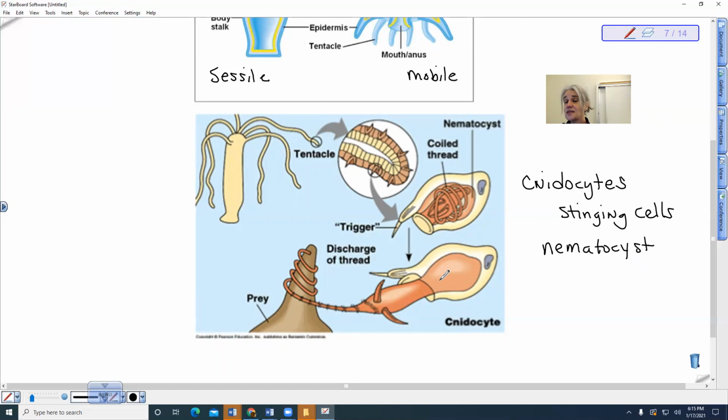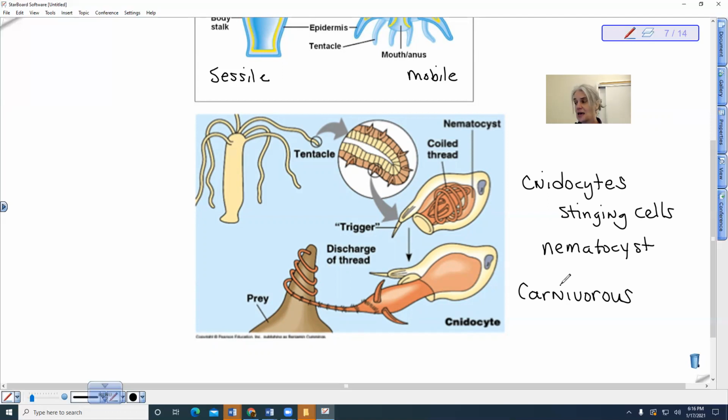These cnidocytes are carnivorous, right? So they are actually eating other animals. They're not filter feeders like sponges. Sea anemones actually grab hold of stuff and can draw it in. Obviously, jellyfish and Portuguese man of war can also even capture bony fish, which have scales, using these cnidocytes.